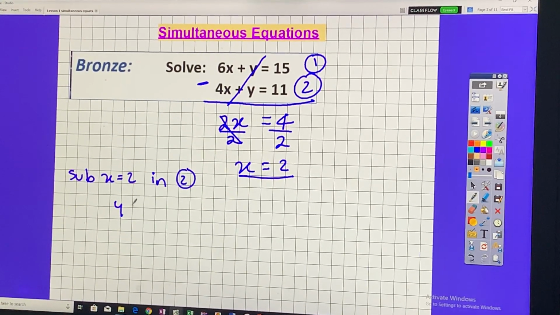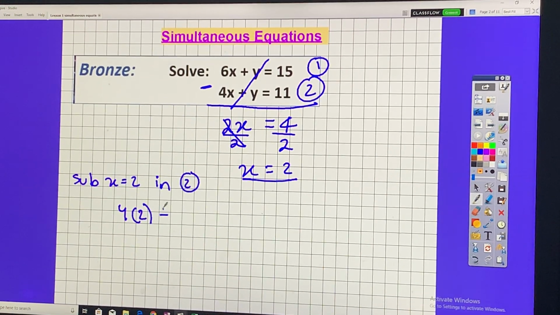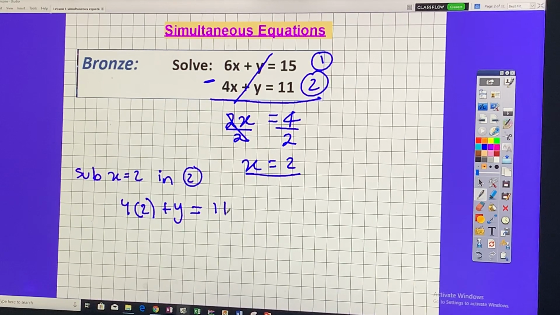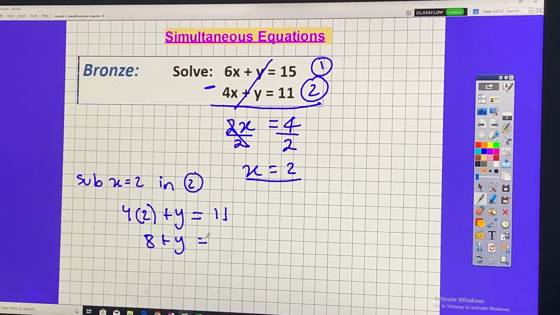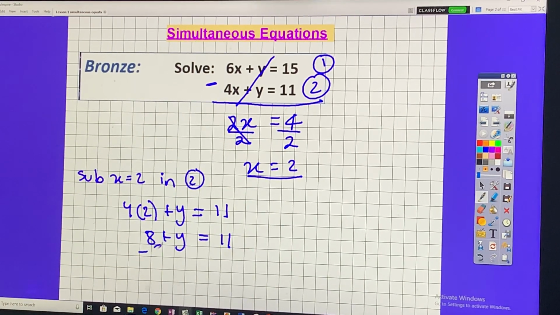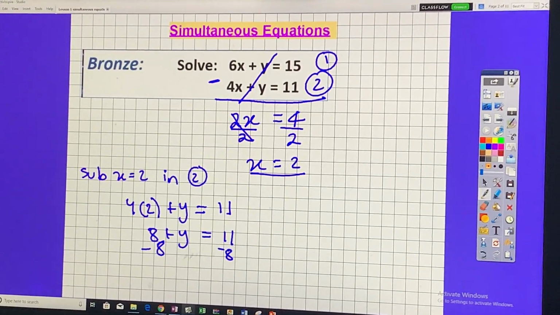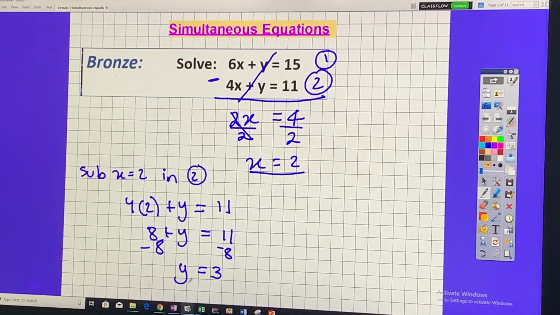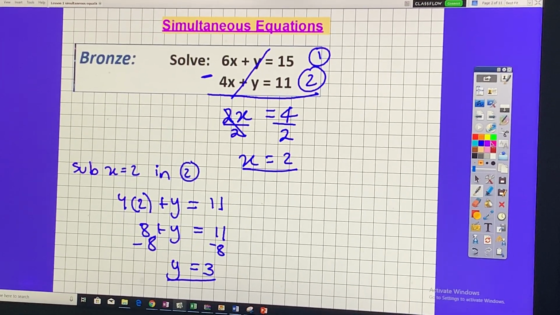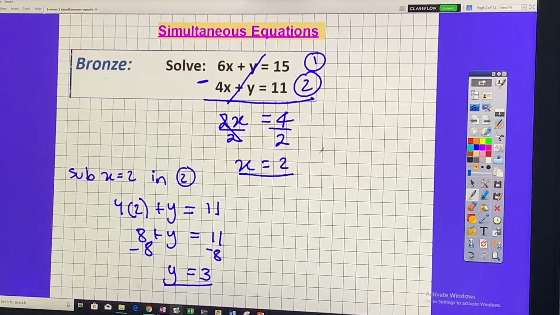So 4 times 2 plus y equals 11. 4 times 2 is 8, plus y equals 11. On both sides, you should know that you need to minus 8. y equals 3.